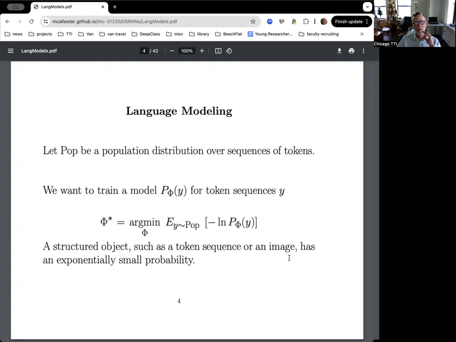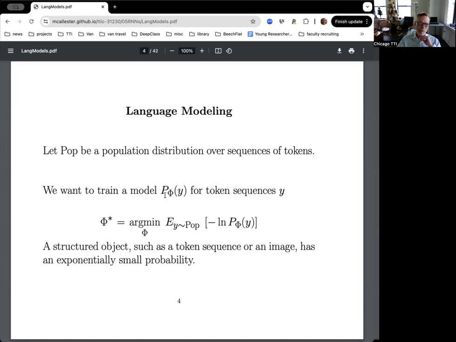Now here, I'm going to sort of think about sentences. We're assuming some population probability distribution over sequences of tokens. We want to compute a probability for a given sequence of tokens. And this is our fundamental equation.